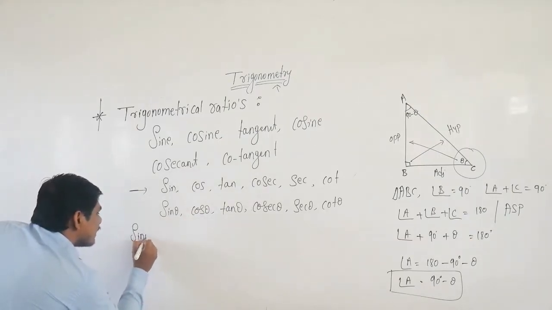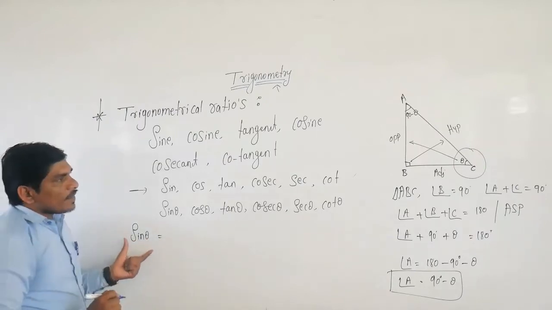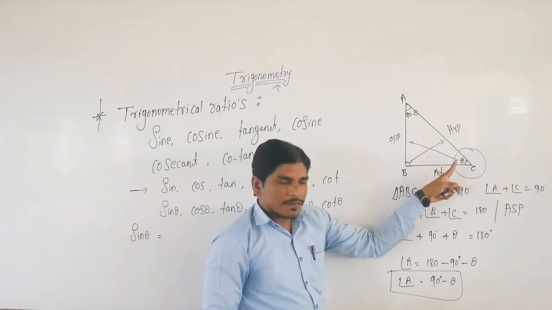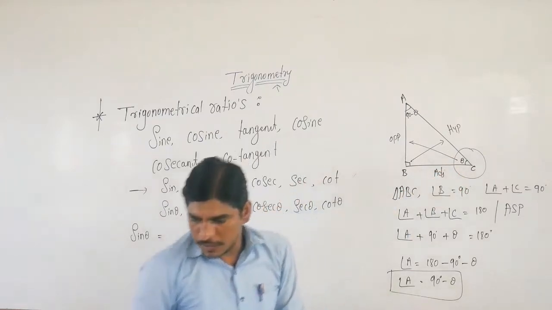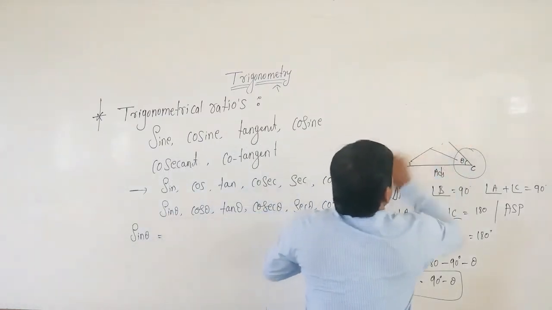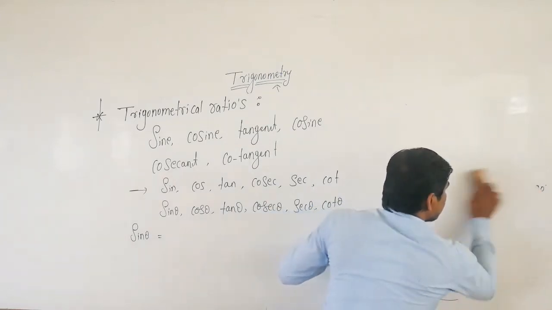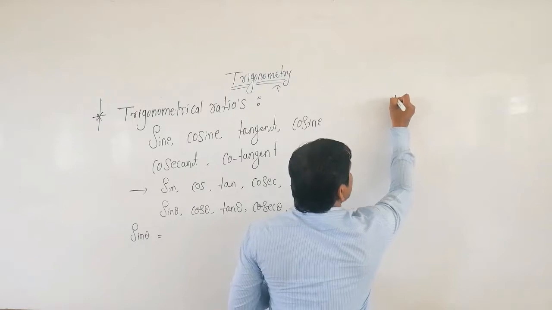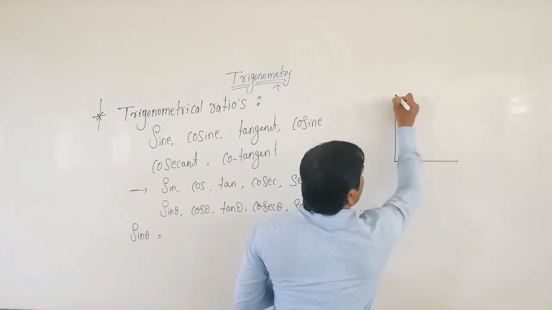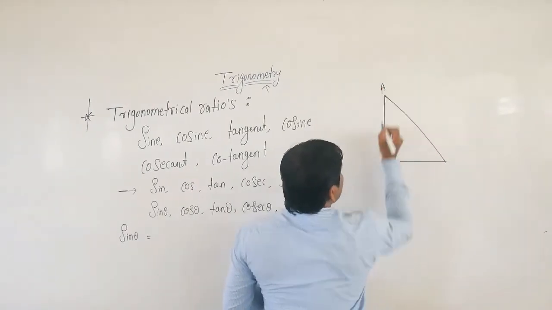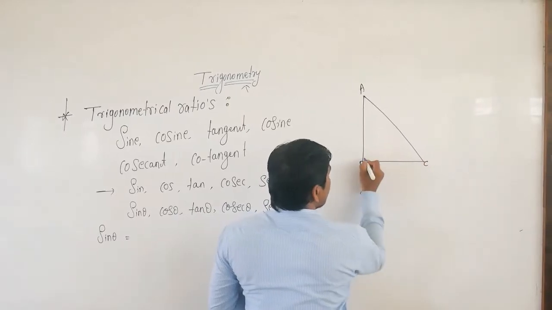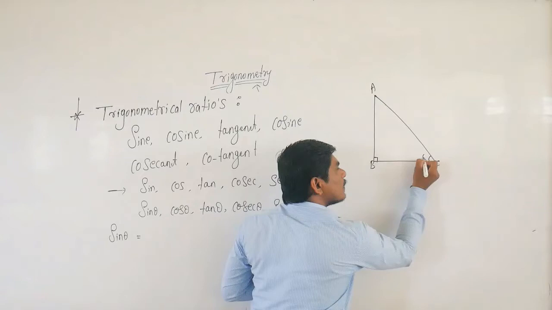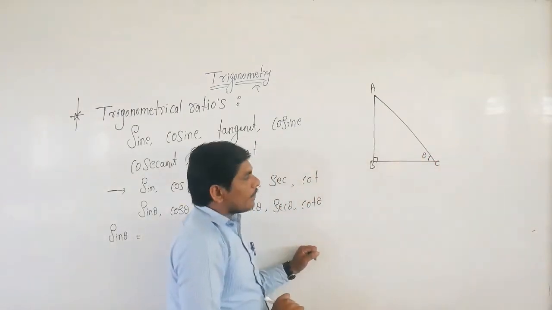First one is sin theta. In this figure ABC is a right angle triangle. Here I have drawn one more right angle triangle A, B, C, angle B is equal to 90 degrees, and I have considered angle C is equal to theta.